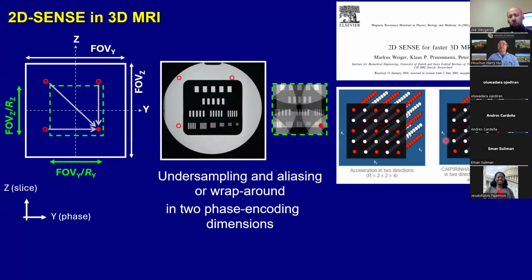If you look into the literature, there are many ways now. You have an additional dimension of flexibility. If you want to accelerate in 2 dimensions with a 2x2 factor, you can be as simple as possible and just skip every other line in both directions, or you can shift the acceleration, as you see here for the Siemens CAIPIRINHA technique.